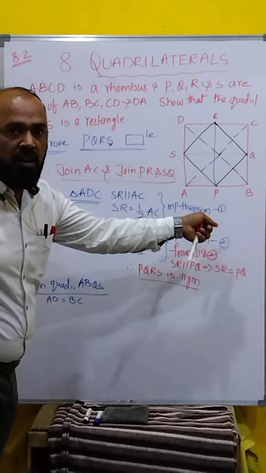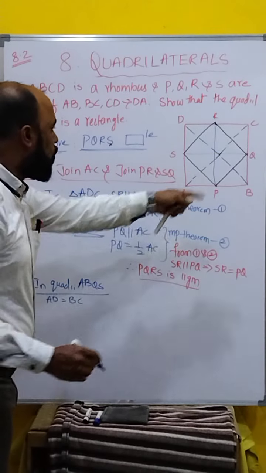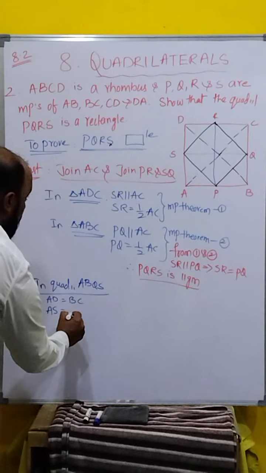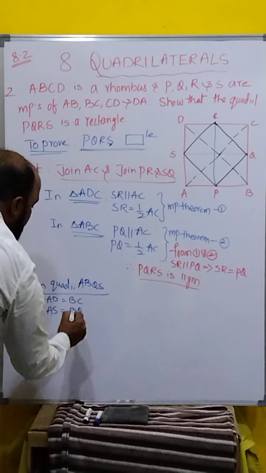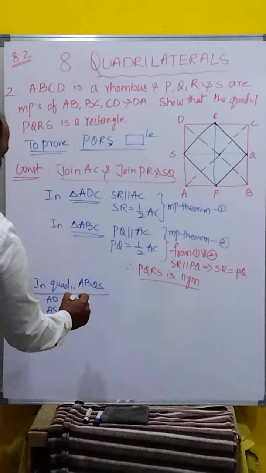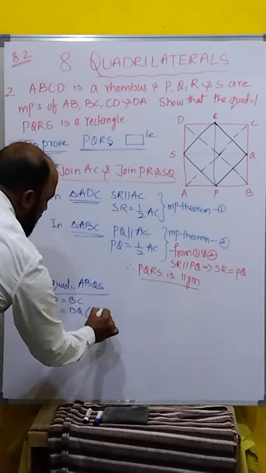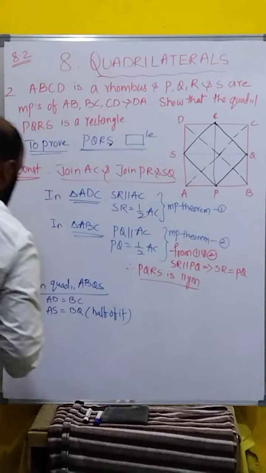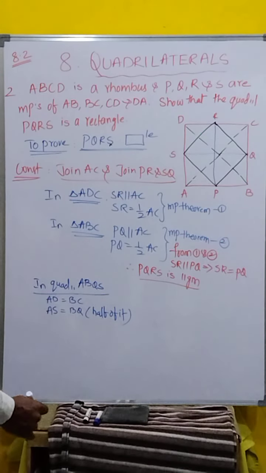Because it is a rhombus, all sides are equal. Then AS is equal to BQ. What is the reason here? S and Q are the midpoints, half of the side. Clear? Directly I am writing half of the sides.